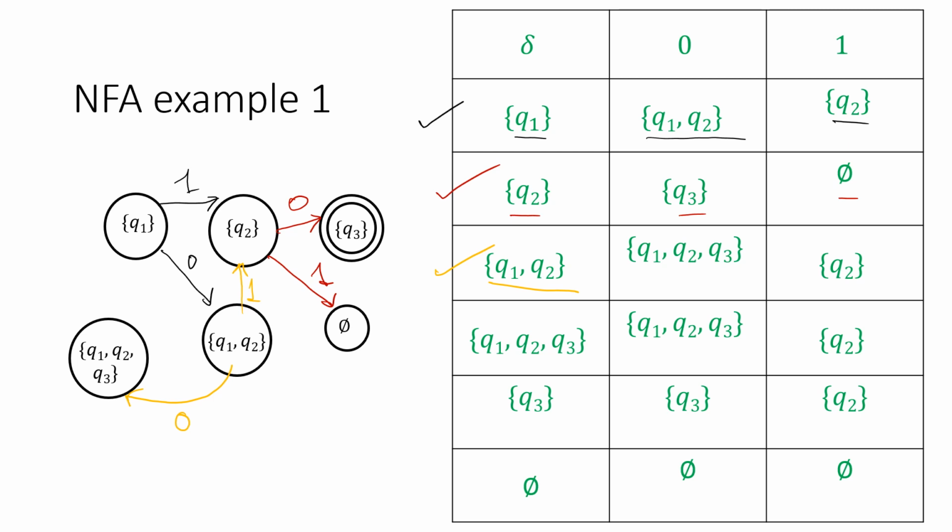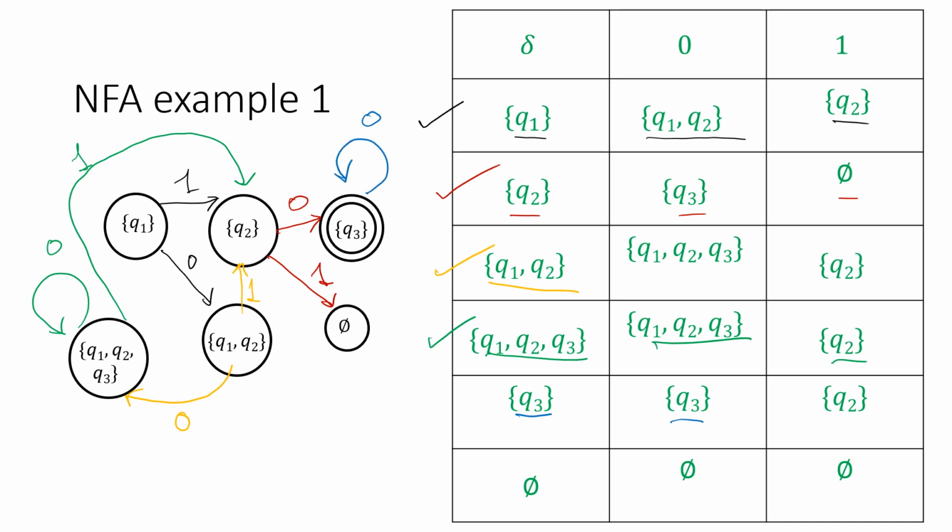Then, from Q1, Q2, Q3, I can see that it loops back on itself on 0, and it goes to Q2 on 1. And then on Q3, it loops back on itself on 0, and it goes to Q2 on 1. And for completeness, I will also have this empty set, which will just loop back on itself on both 0 and 1.